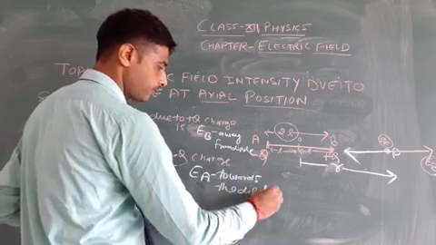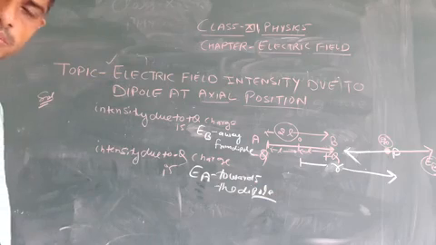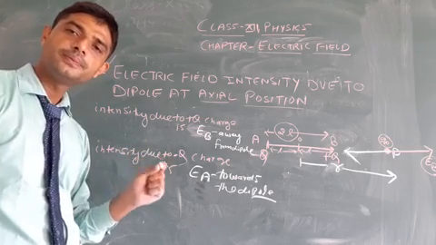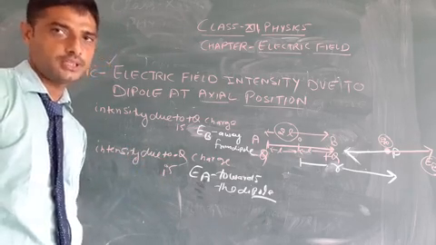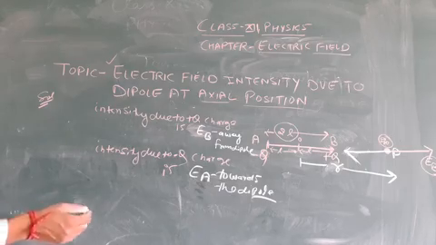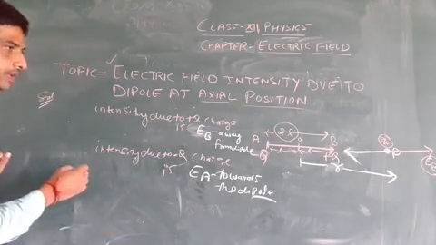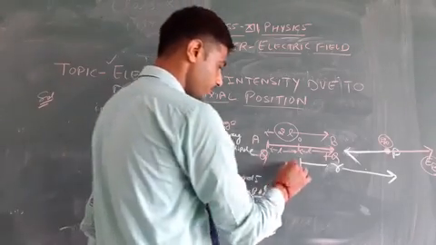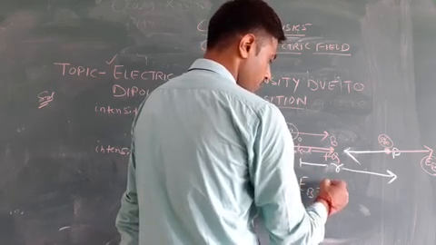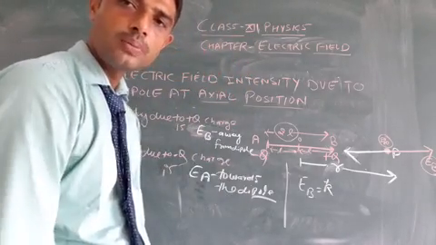What will the direction be? Towards the dipole. Because intensity is a vector quantity, so we have to take the direction of intensity. So what is the value of EB? EB equals K, this is constant, or you can use 1/4πε0.